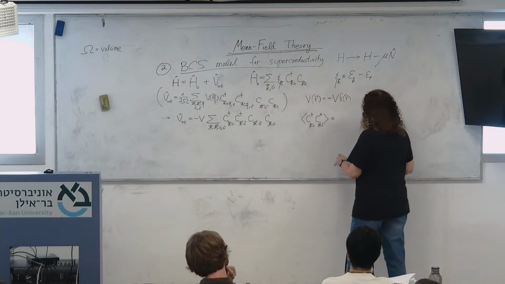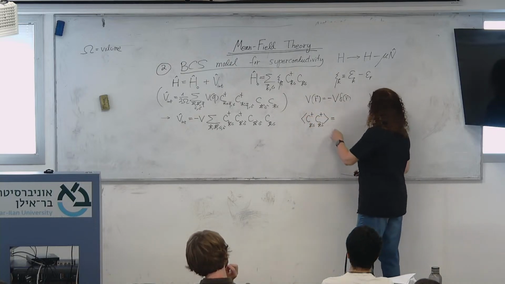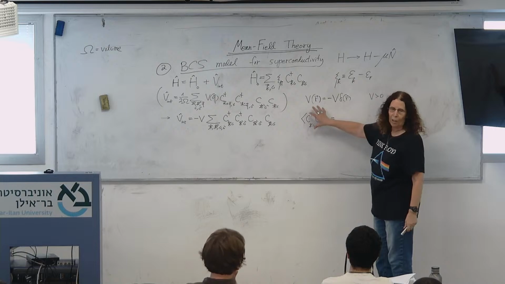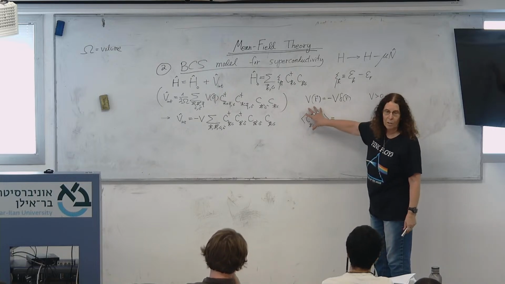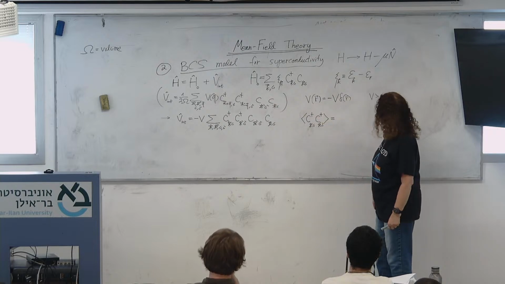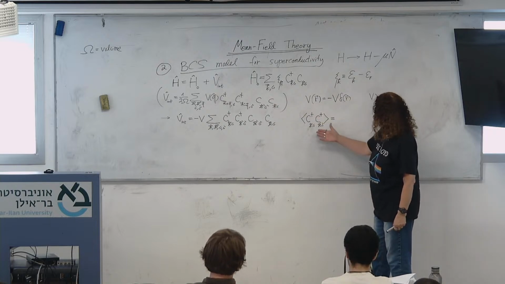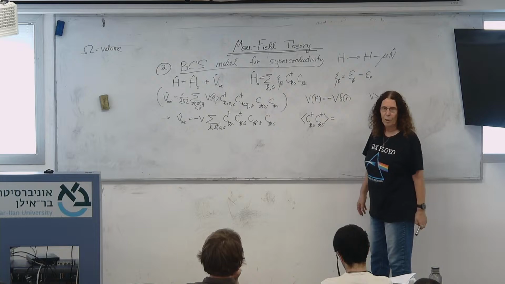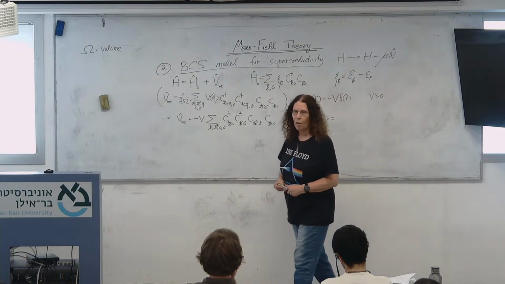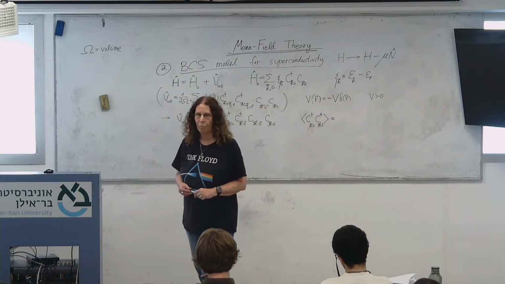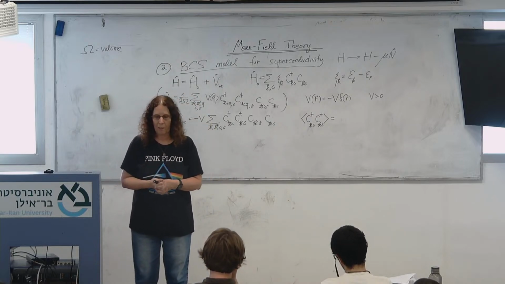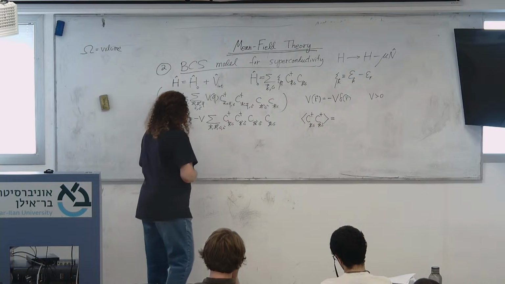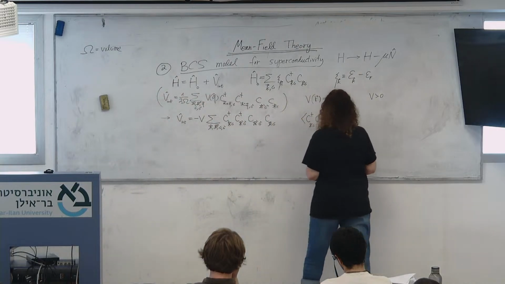Okay, so this kind of unusual or anomalous density matrix element is called an order parameter, because if it's non-zero, it suggests that there is some new order, something that is representing a new phase.